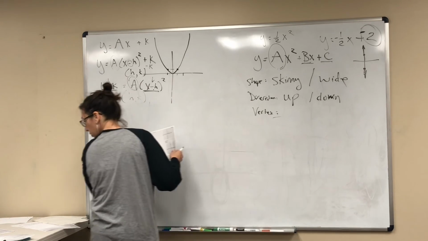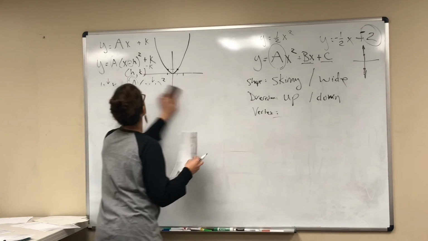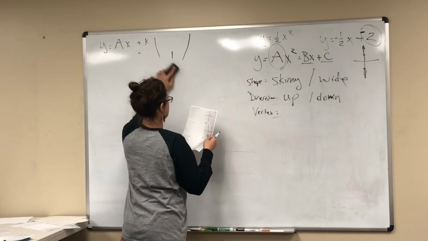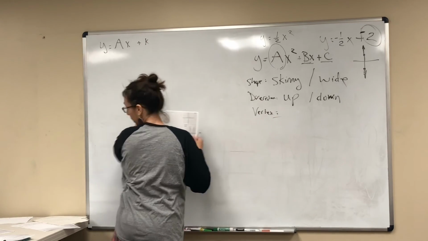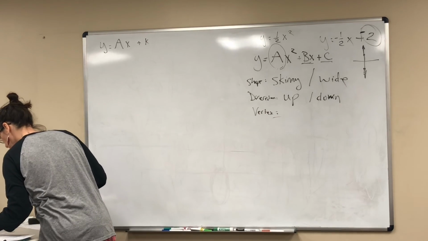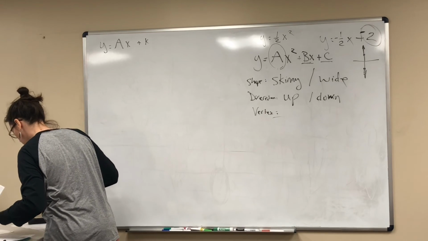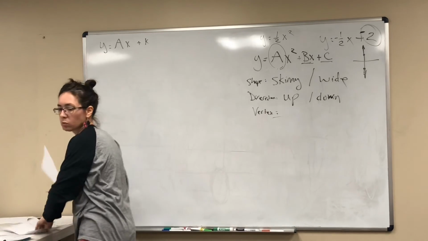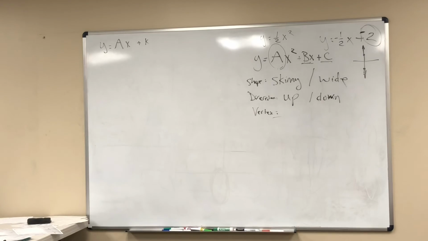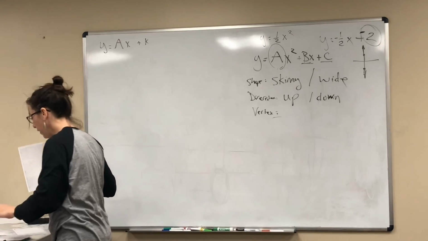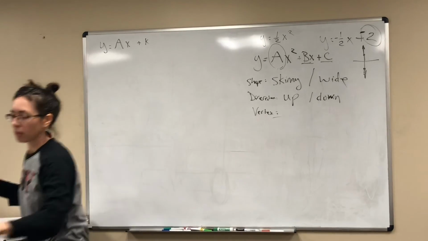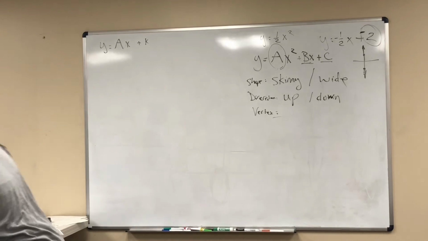Which one do you have? Y equals x squared minus 6x plus 5. Is that what you're looking at, Anna? I have a couple of different ones. On the notes. Let's do the notes first.